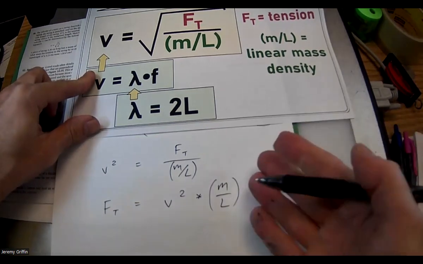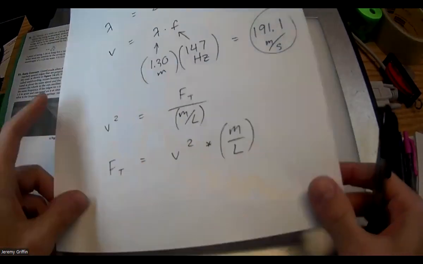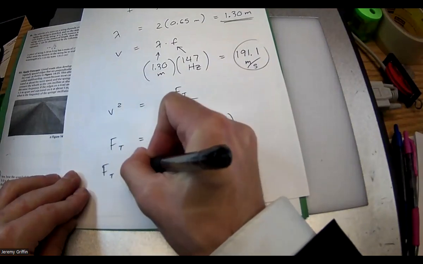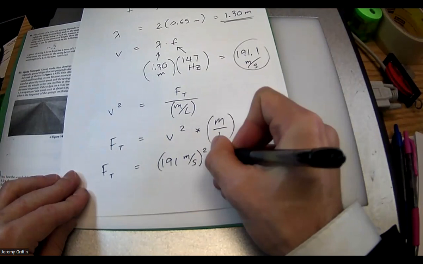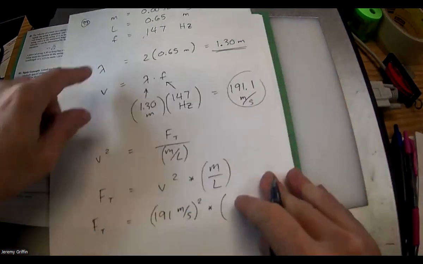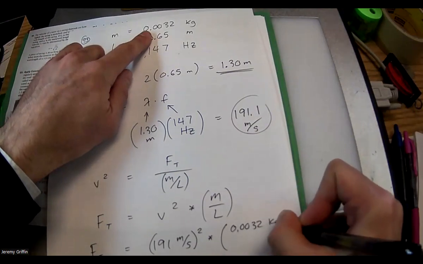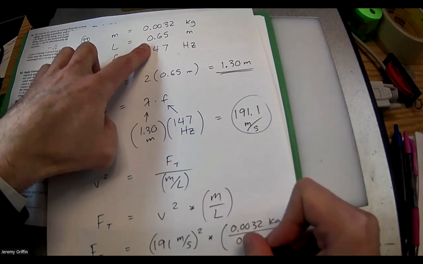Now let's just pop in all the numbers. Right? We got 191 meters per second. That's right here. Square that. Right. The mass of the string was given as 0.0032 kilograms. And the length of the string was given as 0.65 meters.